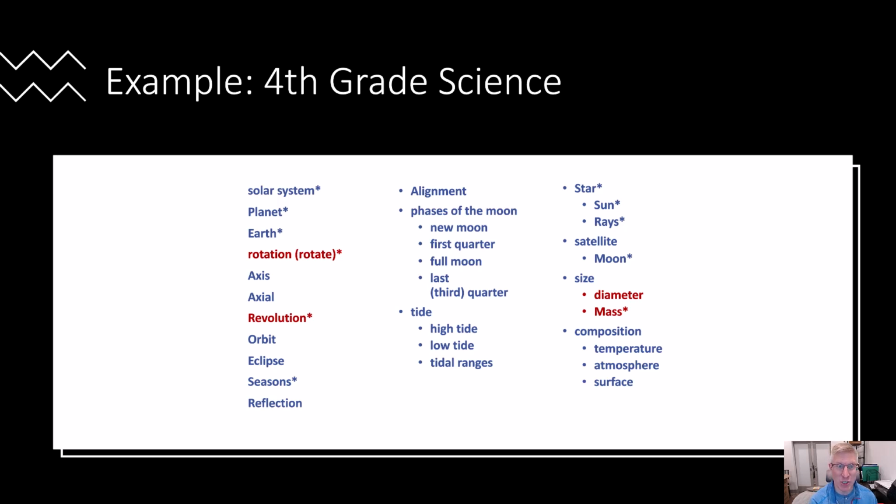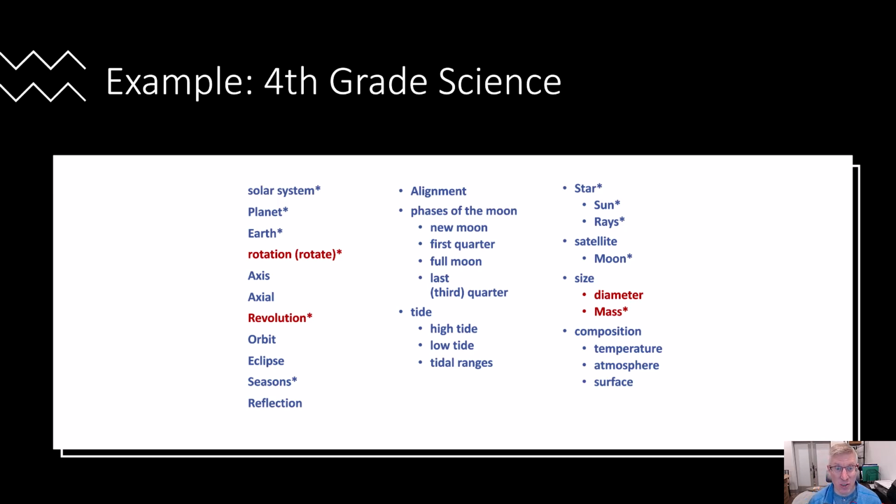Now, this doesn't mean that I don't expect the students to know words like solar system, planet, earth, seasons, but I know that through my instructional process, we're going to nail these words and we're going to build upon them. But the red words are the words that I'm going to focus on purposefully to front load the instruction for these words.